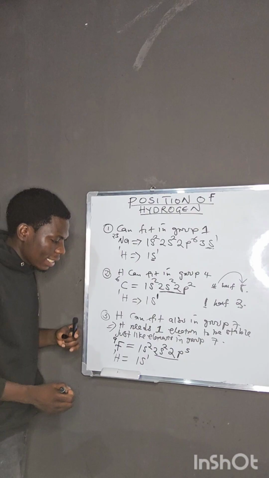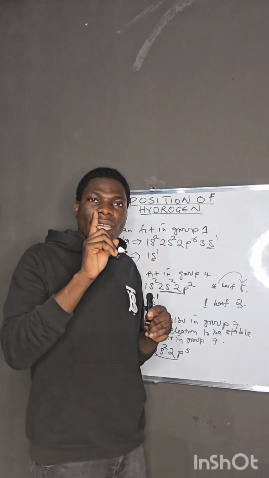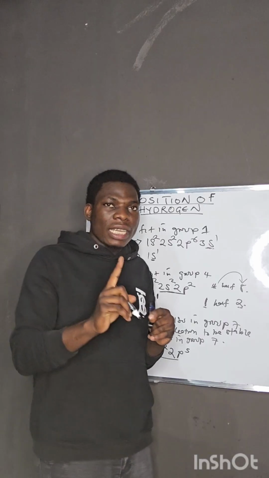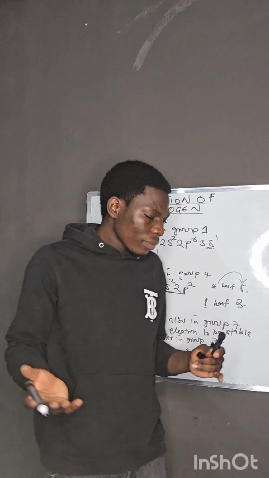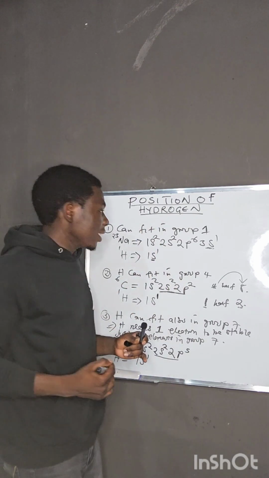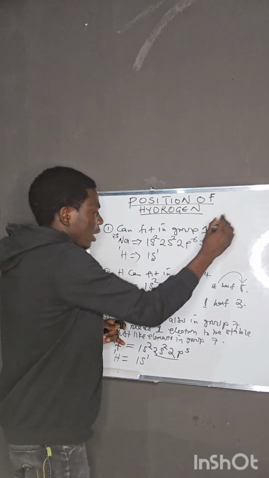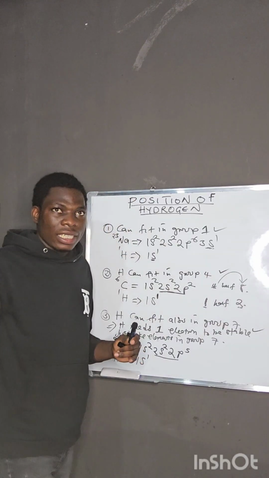So we are saying that hydrogen can fit in group 7 because it only needs 1 electron for it to become stable, just like those elements in group 7. Alright, so these are some of the reasons as to why hydrogen can fit in group 1, can fit in group 4, and also it can fit in group 7.